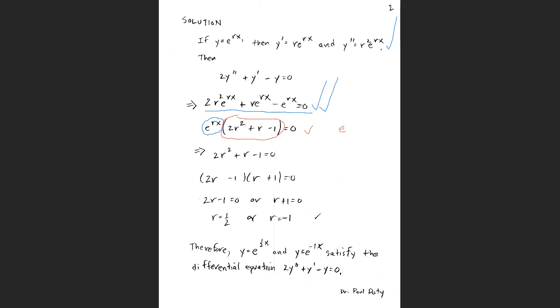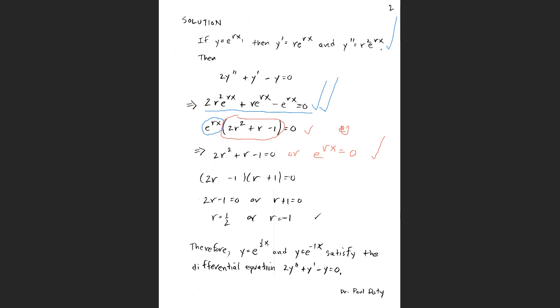So this implies, actually, let me add something to this. If the product of these two functions equals 0, this means that either 2r squared plus r minus 1 equals 0, or that e to the rx power equals 0. Right? That's certainly true.